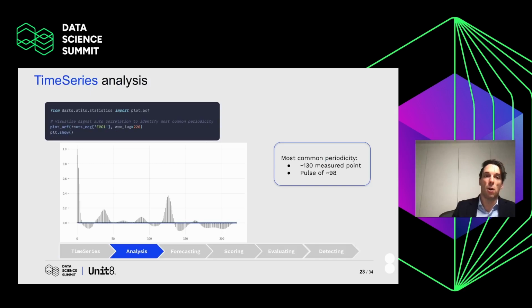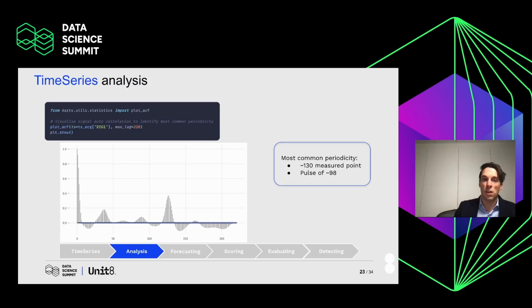In order to develop a proper anomaly detection model, we would like to understand the signal and do a little bit of analysis on it. We know that the ECG signal is quite periodic, and one of the key components is this single heartbeat unit we have seen before. To support the detection of this single unit and potential deviations from it, we would like to understand what this single unit is and what its frequency is.